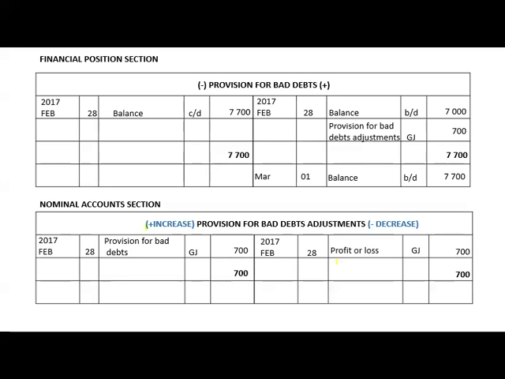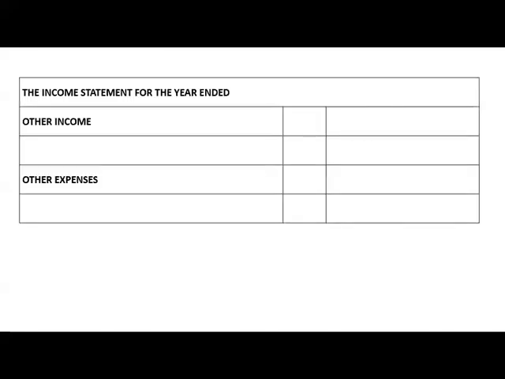So the increase will be debited and the decrease will be credited. Here it was an increase, so the difference will be debited because it is an expense. When I prepare my statement of profit or loss, i.e. the income statement, that provision for bad debts adjustment, I won't put it under income.